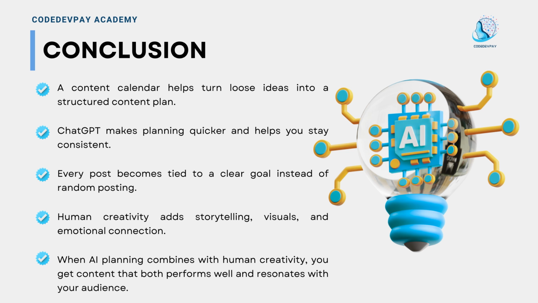With human creativity and AI planning, we can create content that performs and inspires. So our calendar doesn't just keep you on schedule, but it also keeps you connected to your audience.